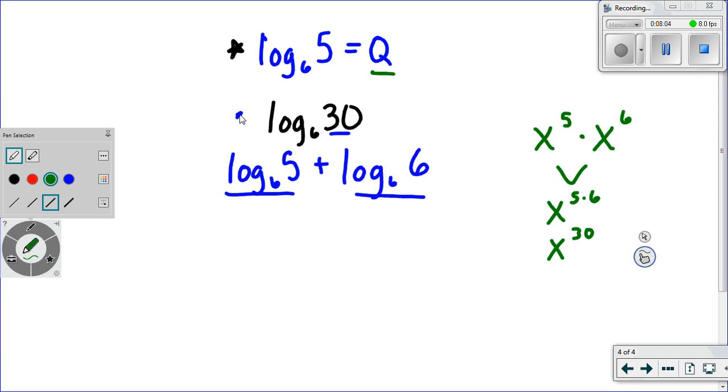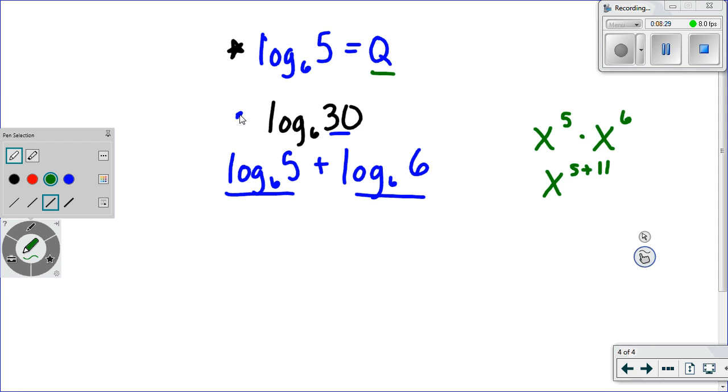Wrong. Do I multiply exponents? When I multiply powers, when I multiply those x's, am I really supposed to multiply those exponents as well? That's not product property. Product property doesn't have me multiplying exponents. Product property has me adding exponents, right?